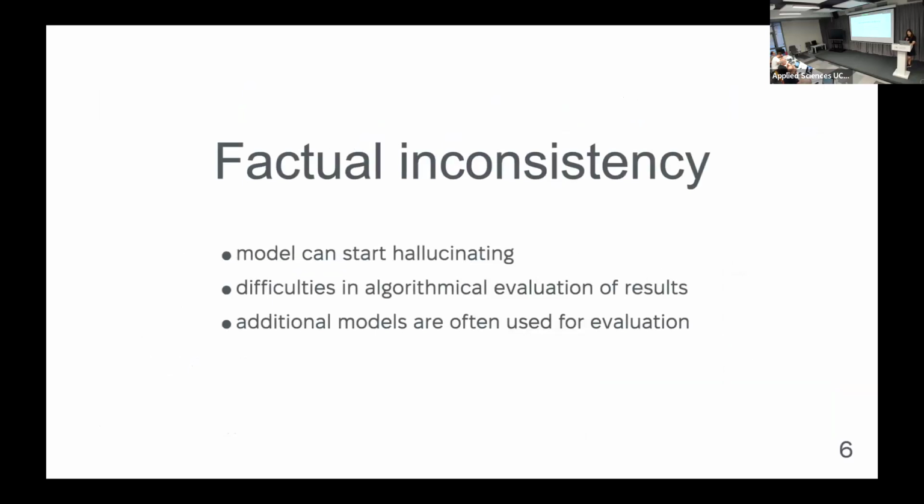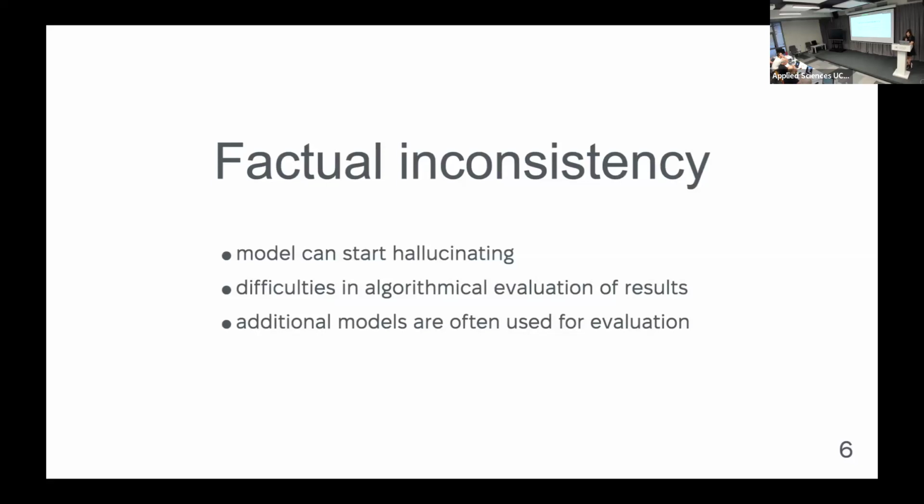The factual inconsistencies, which I mentioned earlier, are a big problem for all generated text, but for summaries they are especially a problem, because a summary should be based on the input text, and it is important that it doesn't contain information that is not true to the input.